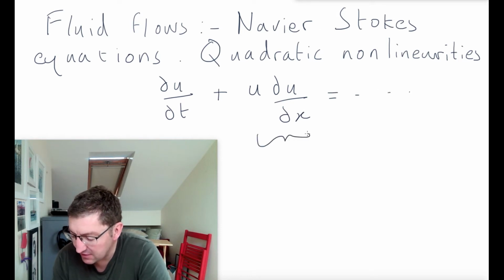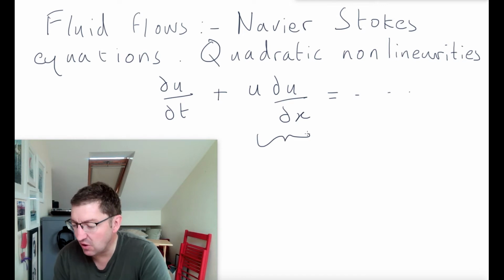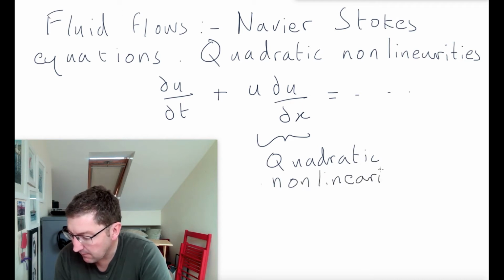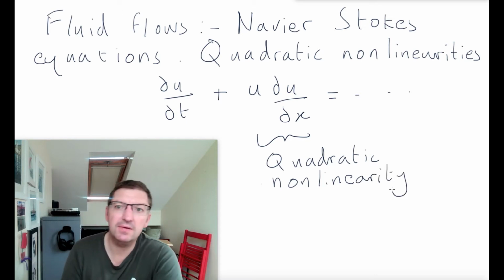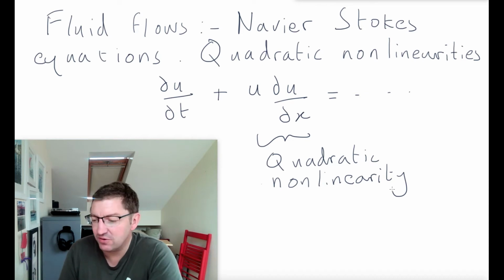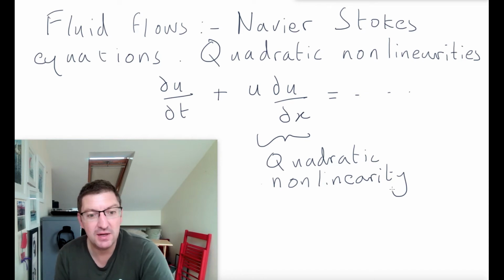And there's your quadratic. So u is the thing you're solving for, and that's your quadratic nonlinearity. This is what makes them so hard to solve, but fluid flows also come up in so many real world applications. So if we just go back to the slides now.